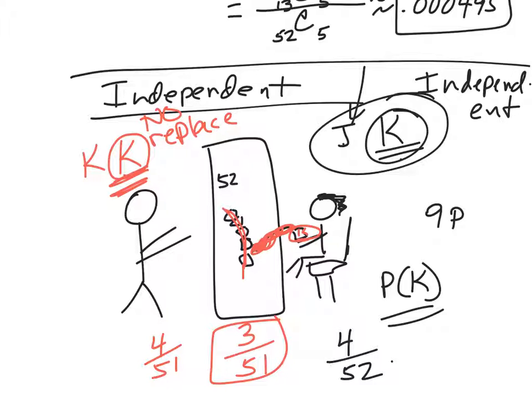So if we don't replace the cards, then these events are not independent. If we replace the card, the events are independent. But I'm getting at the bigger picture here of what independent means. Independent, again, one last time here, means the probability of the second thing is not affected by whether the first event occurs or not.